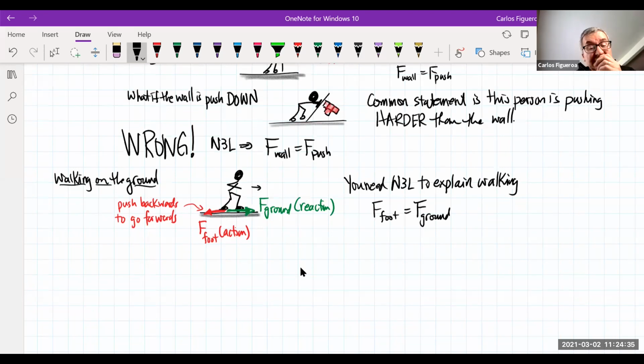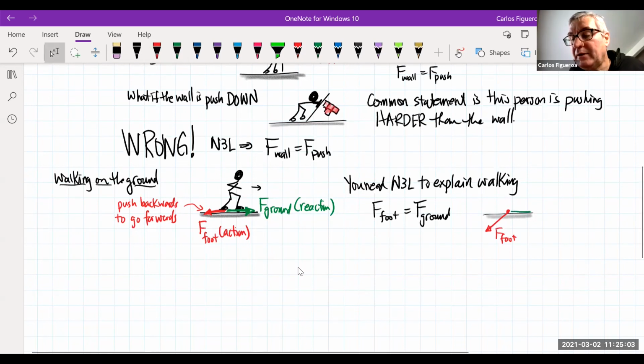Because what you're seeing here is that there's actually two forces that are actually being applied by the ground. It turns out that if this is the ground, you cannot apply a horizontal force only. So when you actually have your force of your foot, you're actually at an angle. So now, when you look at this, you need some components.